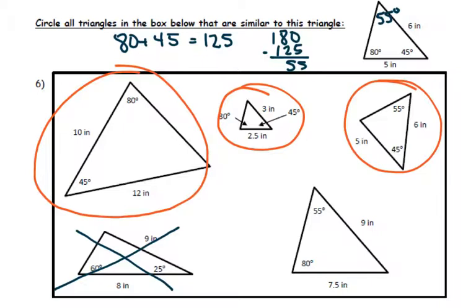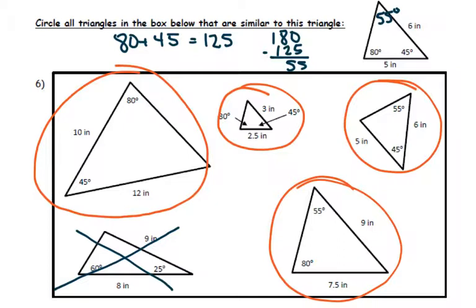And we can look at that and say that they're not similar because they have different shapes. And then the last one, we have 55 and 80. We have 55 and 80, so that one's similar. Now, that was enough to show similarity, but we are going to go ahead and understand the proportionality.